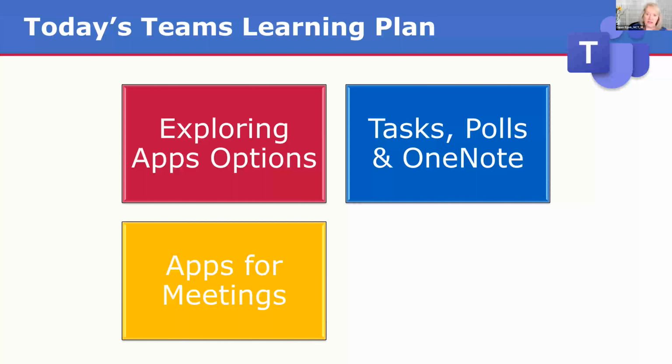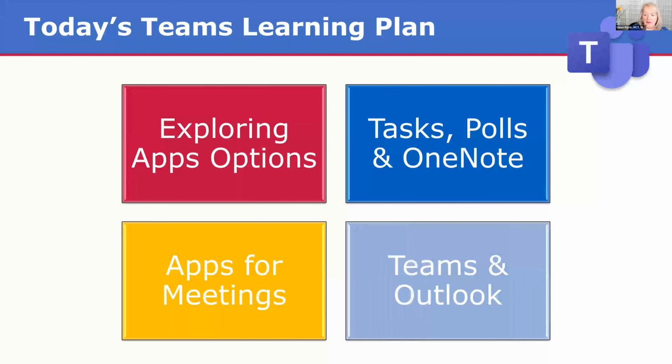These will include an exploration of Stream and Whiteboard, as well as looking at how Teams can integrate with other applications that we use every day, like Outlook. That is, how do Teams and Outlook work together? Those are some of the things that we'll be exploring.